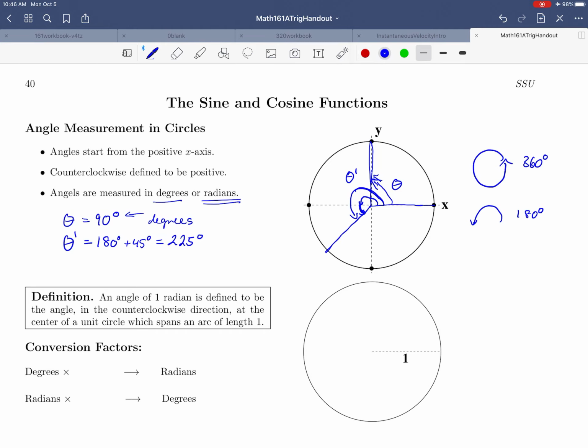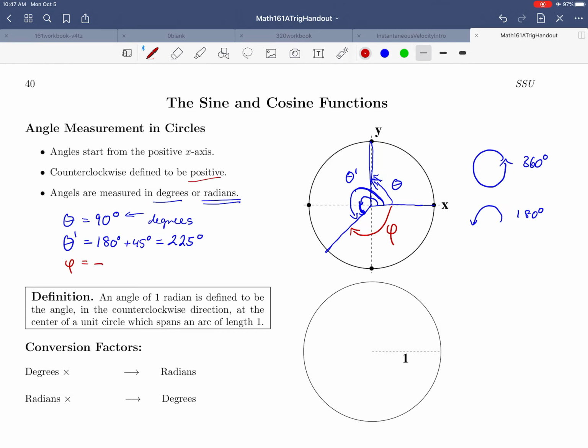Let's do one more. What if I use that same angle but I went clockwise? We actually can describe those too. Let's call that angle phi, and we like to use Greek letters for angles. So this angle phi is clockwise, and since counterclockwise is the positive direction, clockwise is negative.